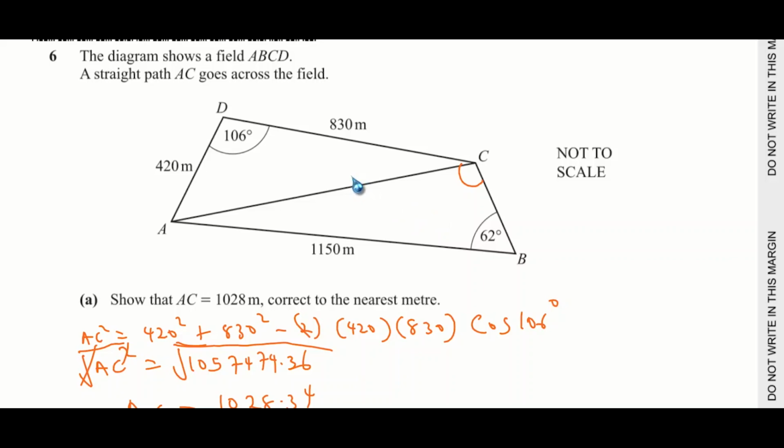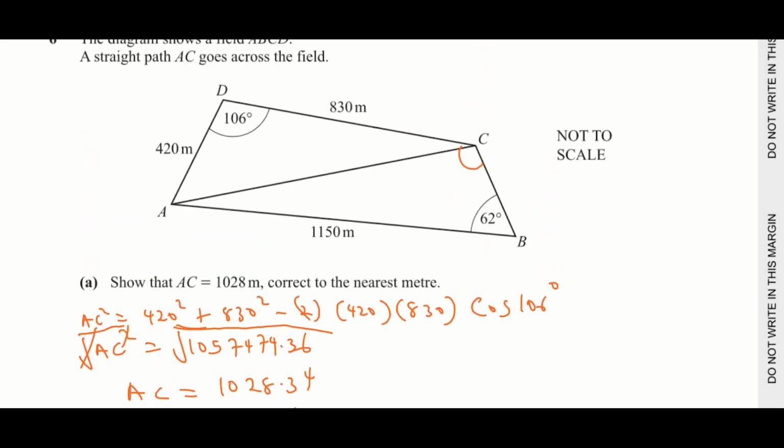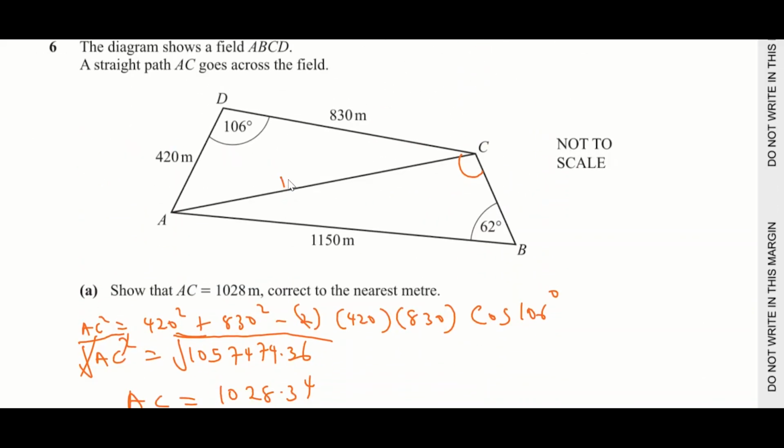We already found side AC, which I think we found to be 1028.34. So I'll just take this.